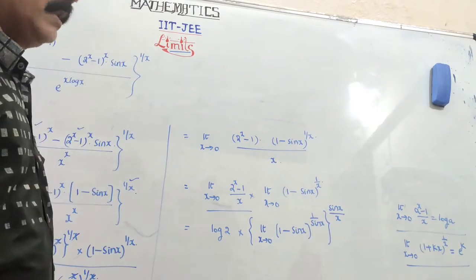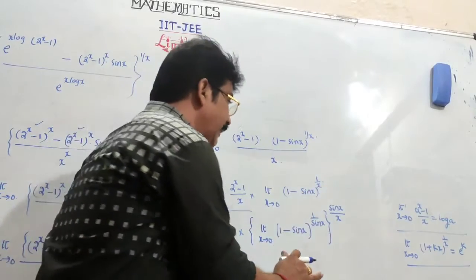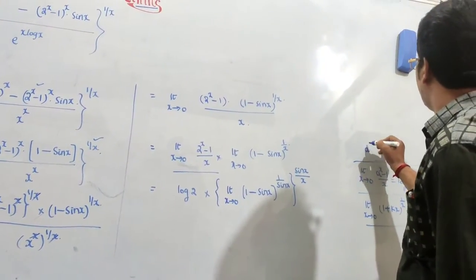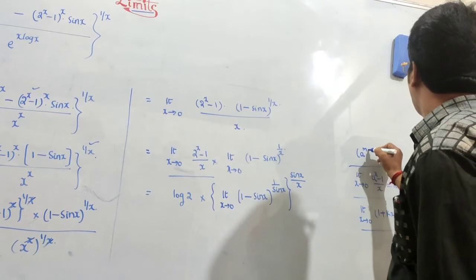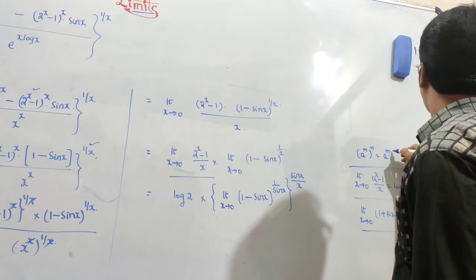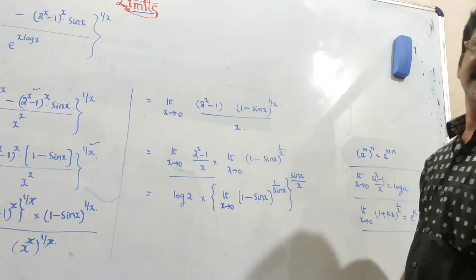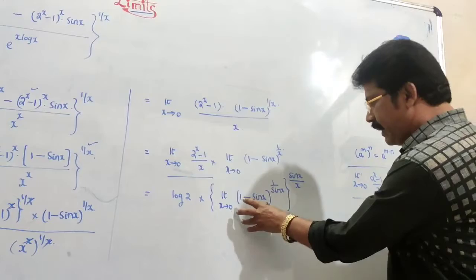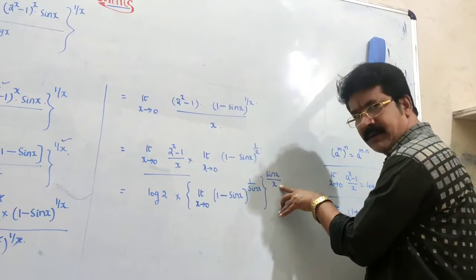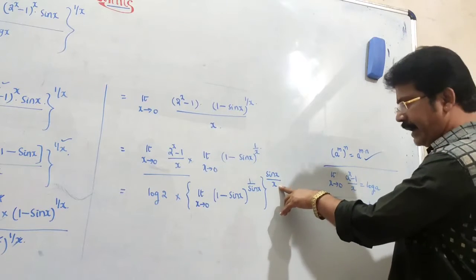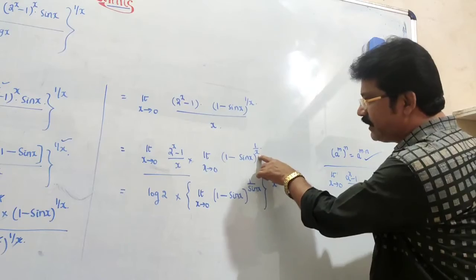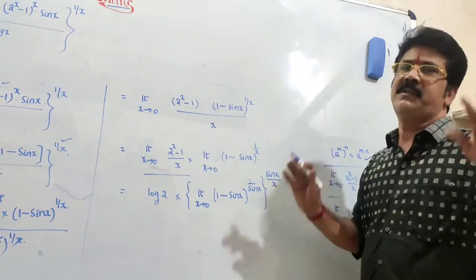Did you understand? You can multiply. For example, I applied (a to the power of m) whole to the power of n is equal to a to the power of m into n. Then sin x will be cancelled. It remains the same. So there is no loss of generality.